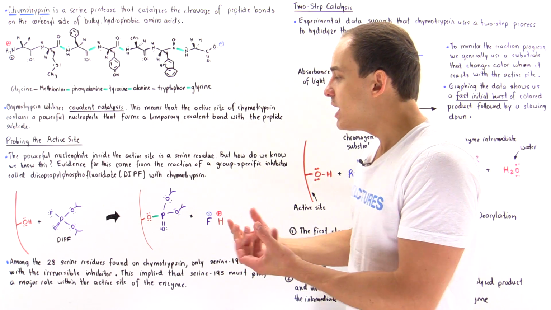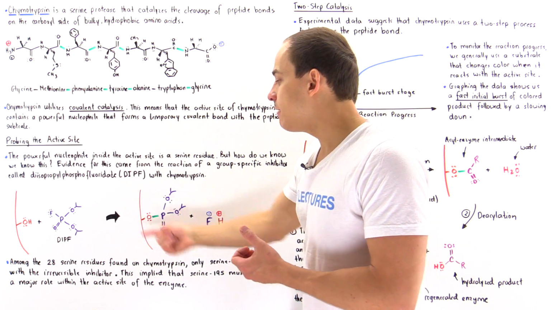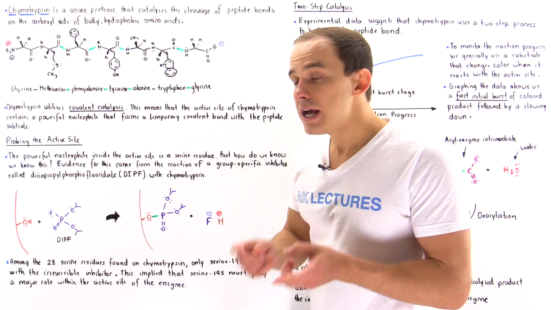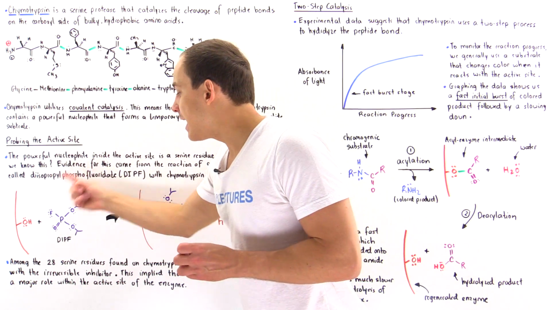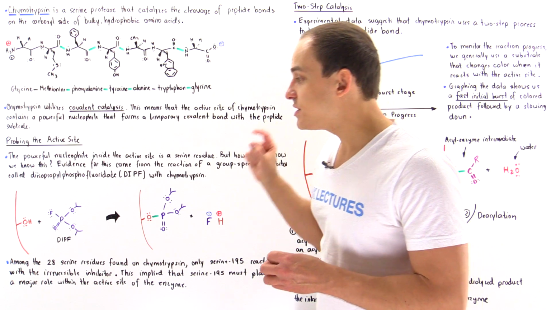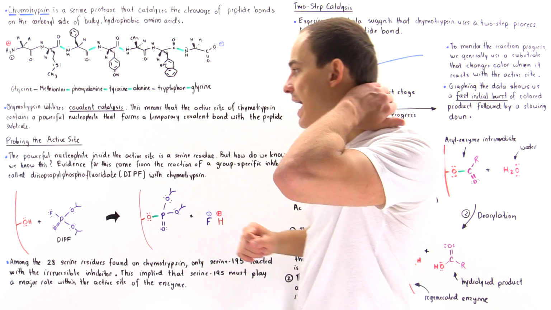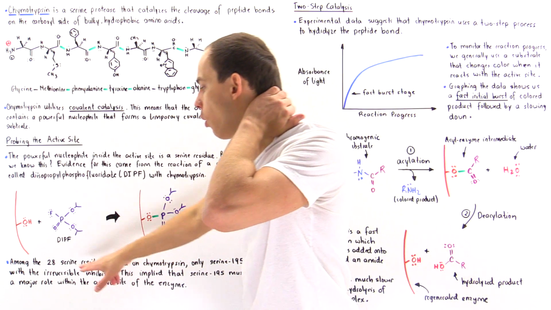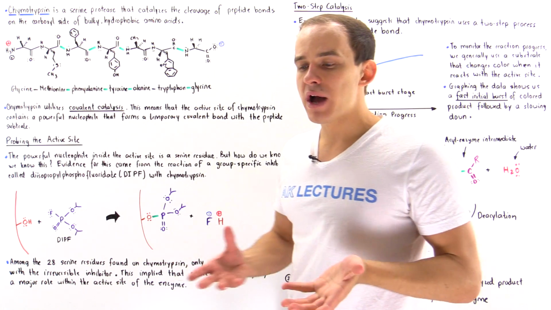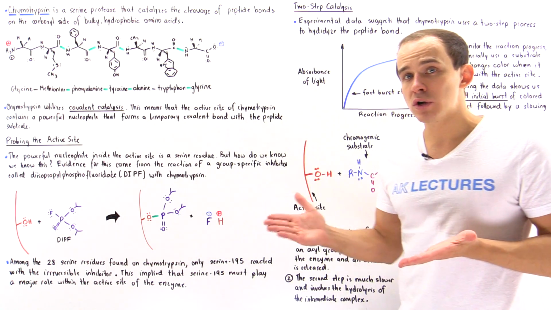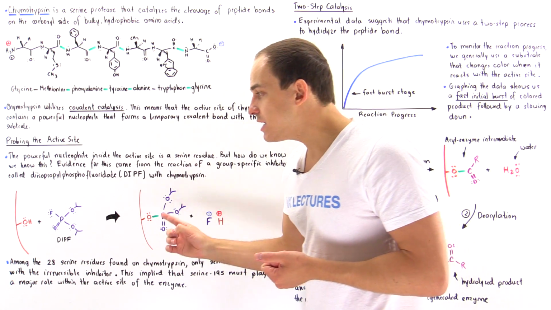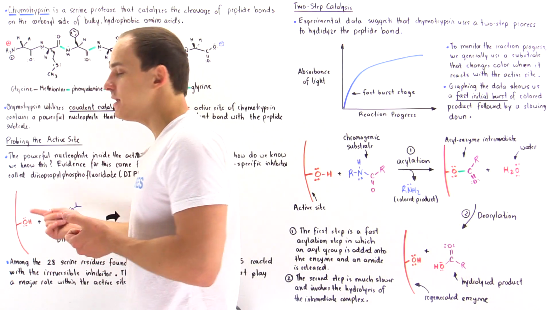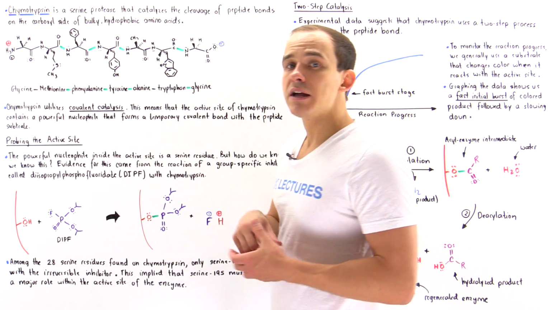And so we know that because the activity of the enzyme is inhibited, the DIPF must be bound to a serine found inside the active site. Now, out of all the 28 serine amino acids that we find in chymotrypsin, this is the only serine that reacts with DIPF, and this is found inside the active site.